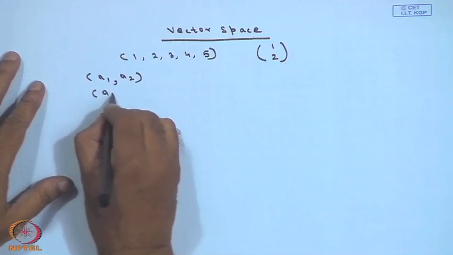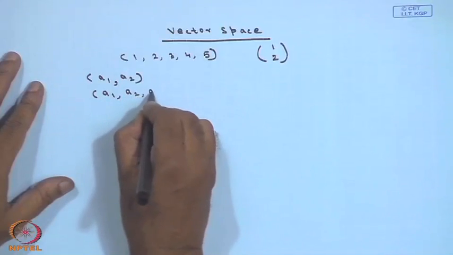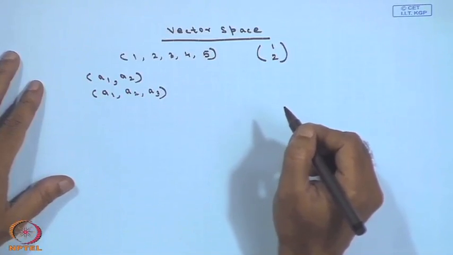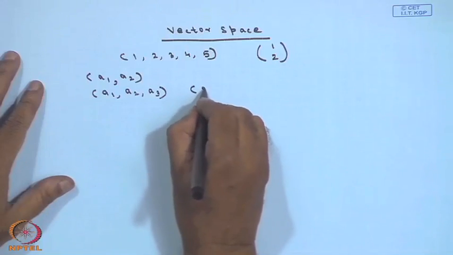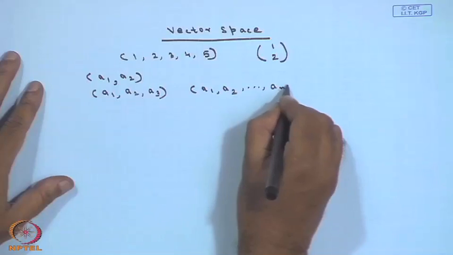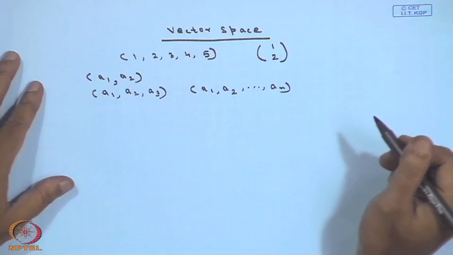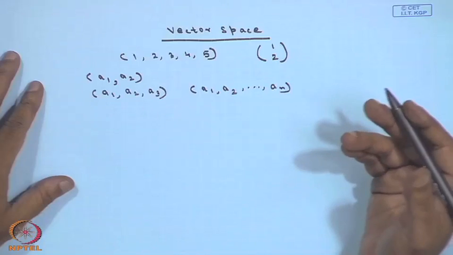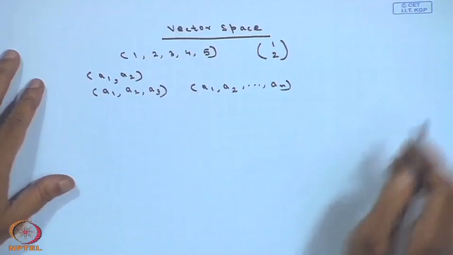When I am writing A1, A2 and A3, this represents a point in 3-dimensional space. Similarly, if you are writing A1, A2, and so on up to An, then we can imagine it as a point in n-dimensional space.